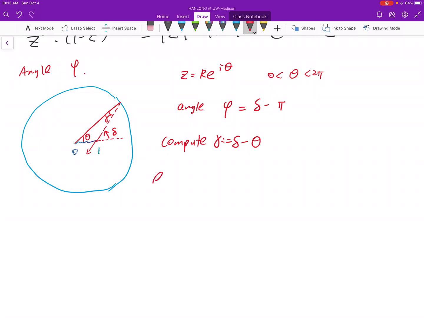So recall exponential I gamma is the angle of 1 minus z divided by negative z.